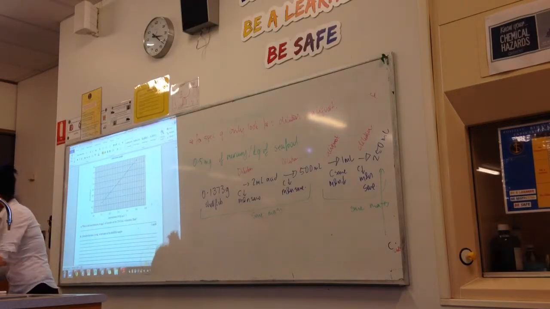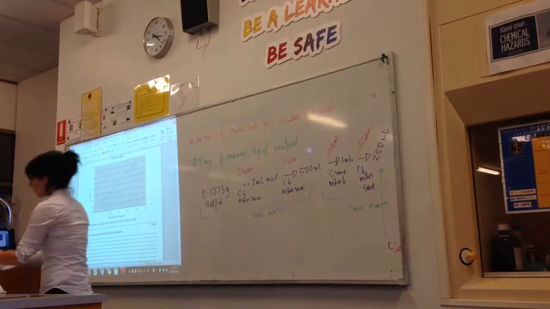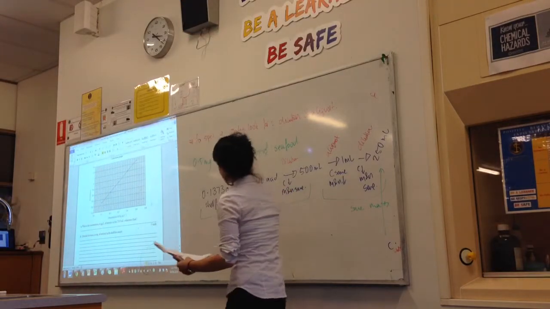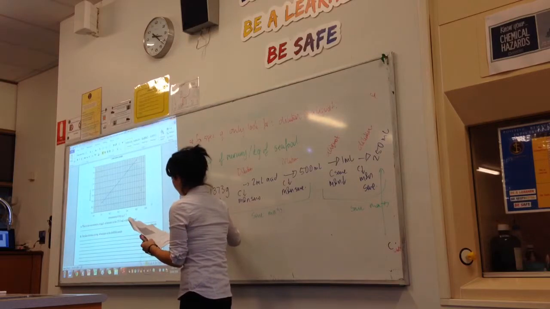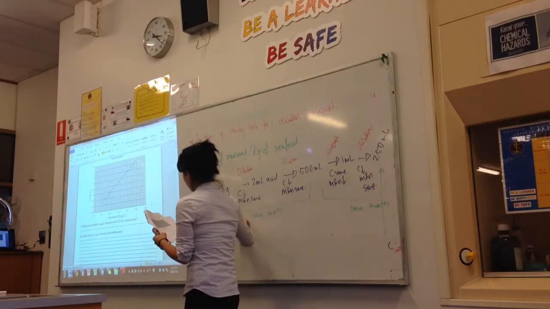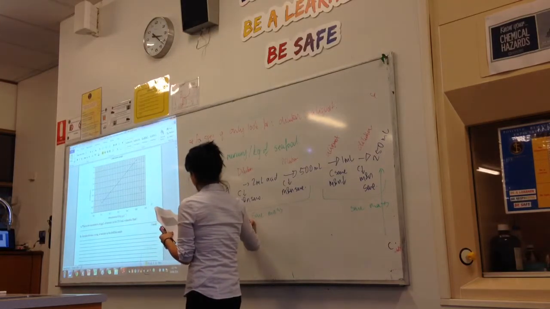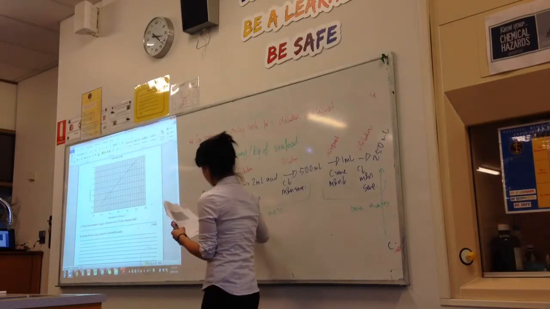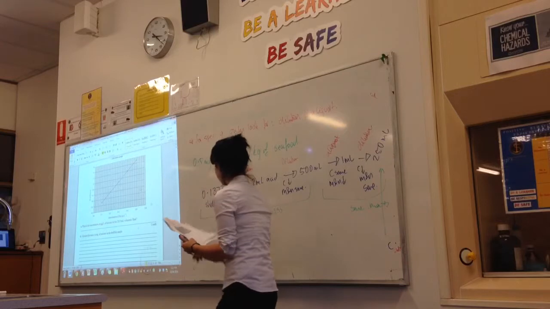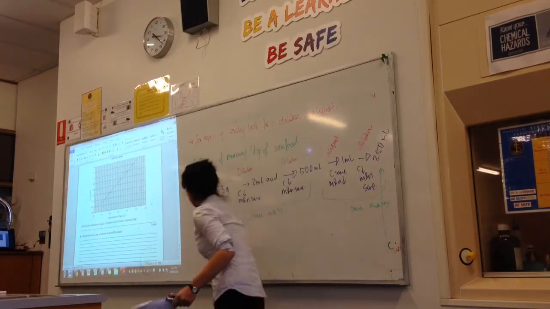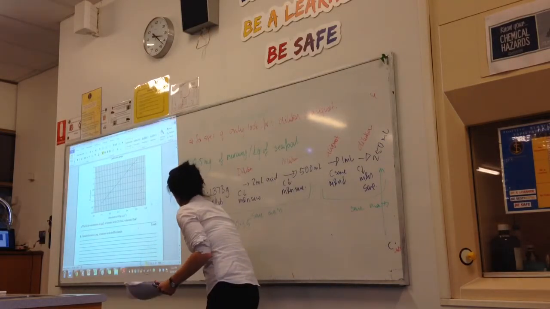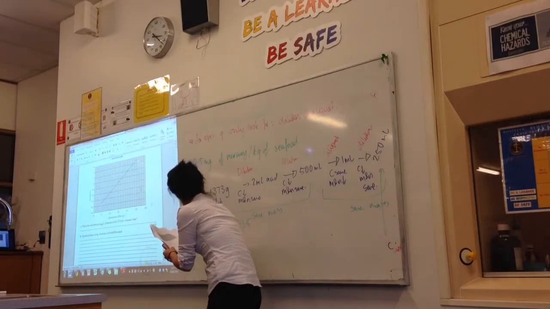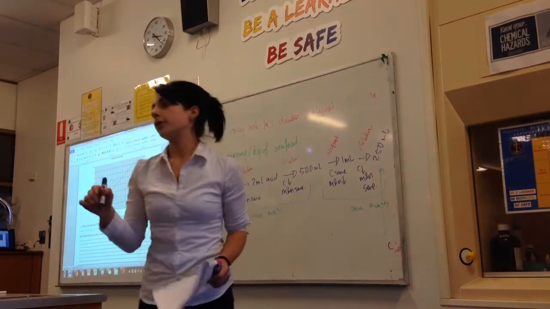I've got my actual range. So they accepted between 0.32 and 0.33 and 0.35. I got 0.34 micrograms per litre, as did a lot of you.